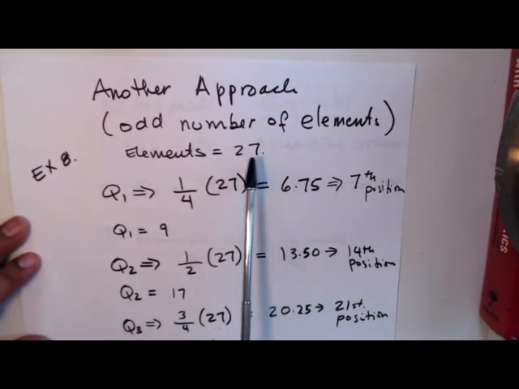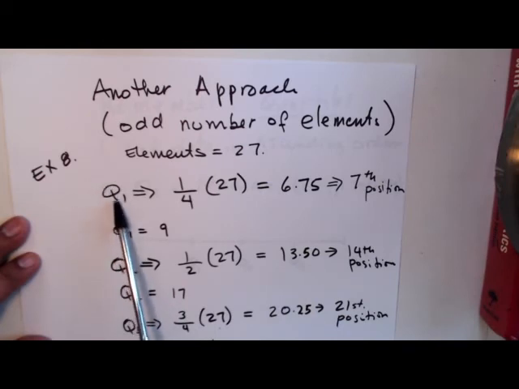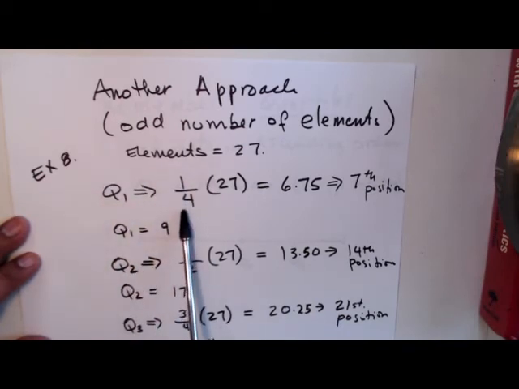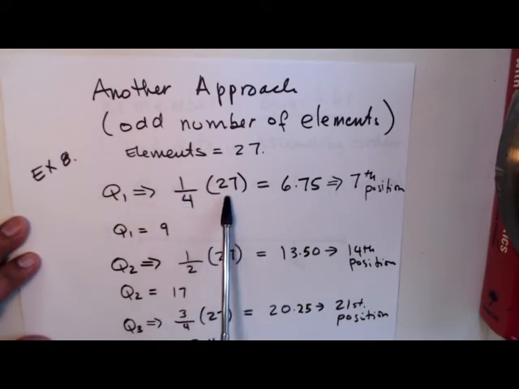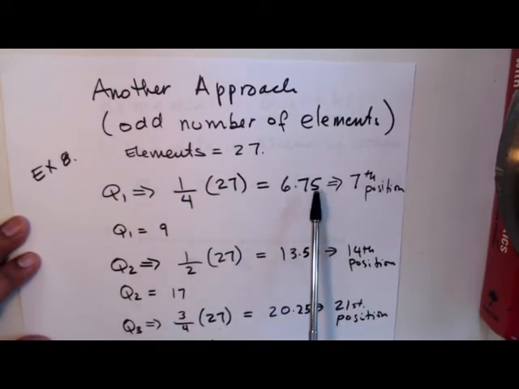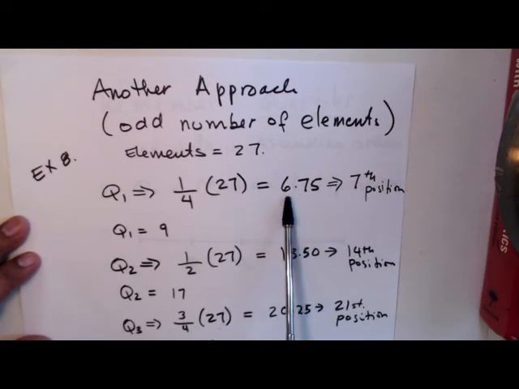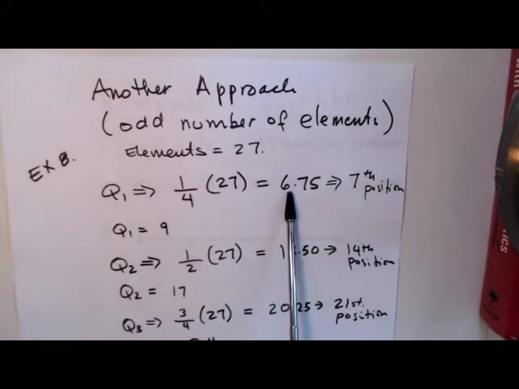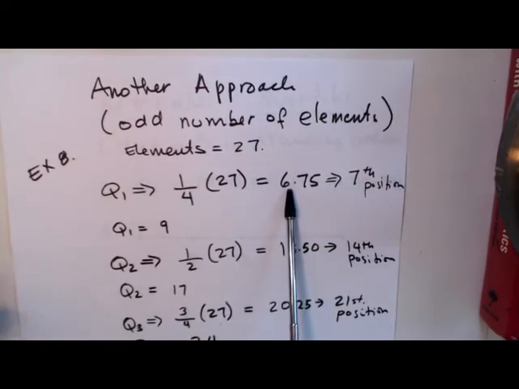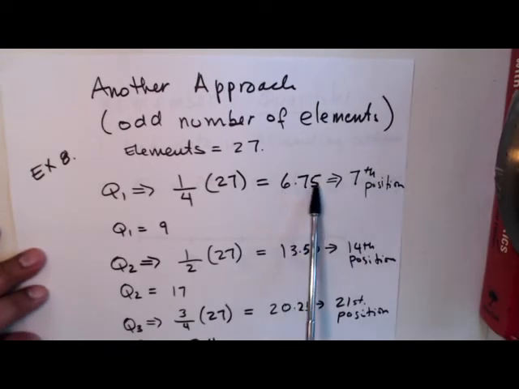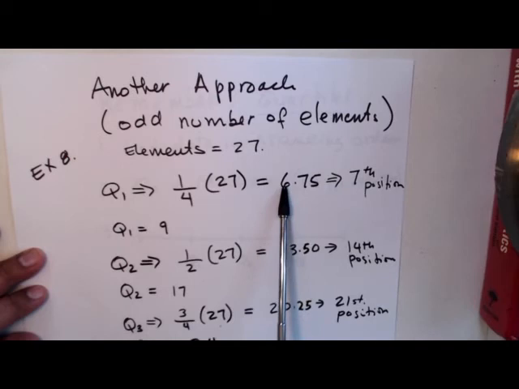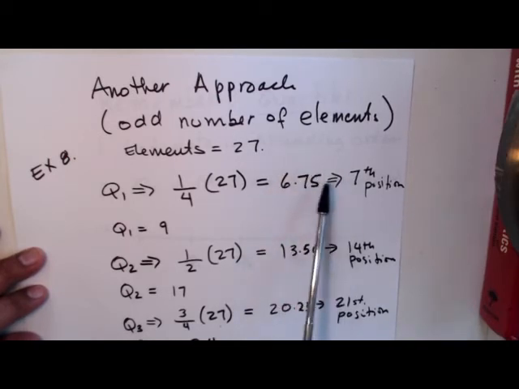We know the first quartile represents 1/4 of the total. So you multiply 1/4 times 27, you get 6.75. And this number does not exist in the set, but it represents the position. So instead of 6.75, basically you say that the number is in the 7th position, right?